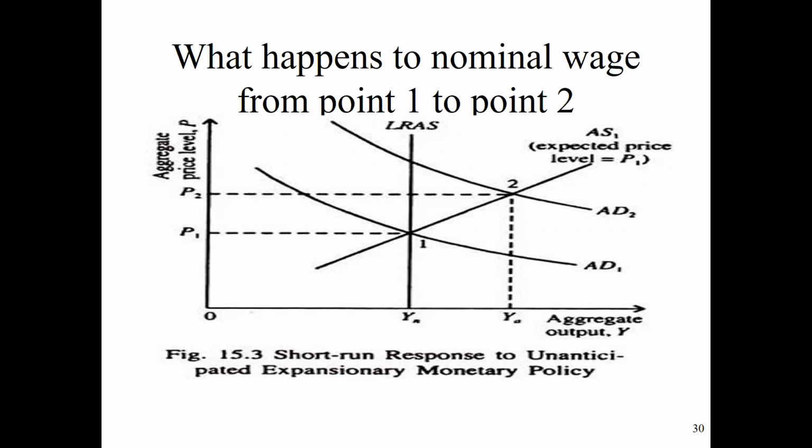If something costs $10, how many can I buy at P1? If I'm making 100, I take 100 to buy 10. And up here at a higher price, you can only buy 5. So what happened to real wages? They decrease. All right, so while nominal wages are sticky and stay the same, real wages decrease because the price level went up.